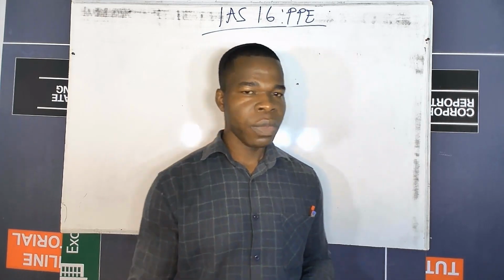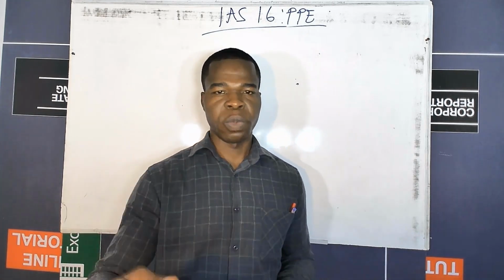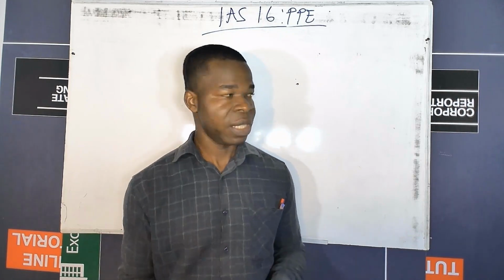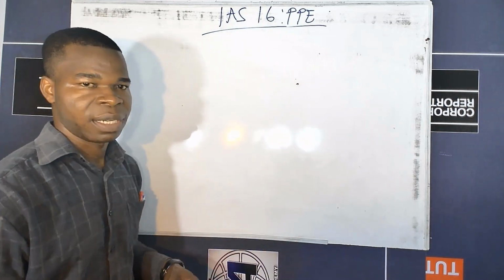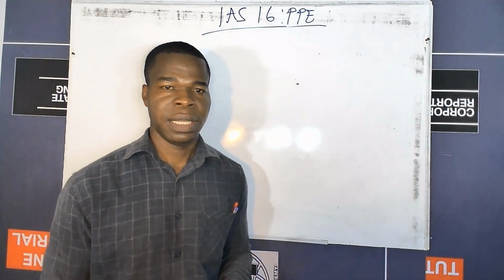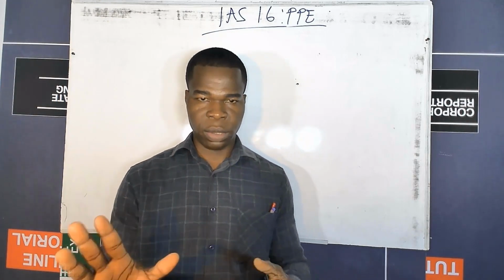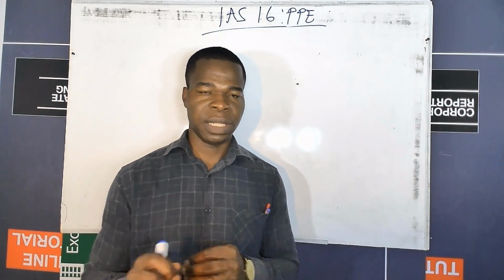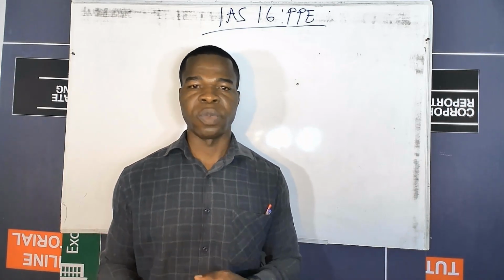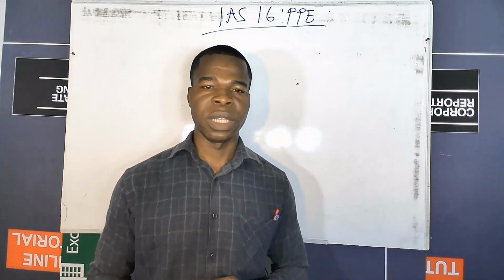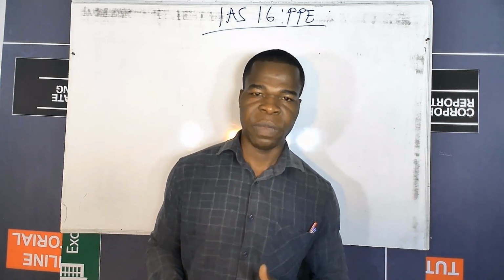So we will start with how an item of PPE is supposed to be subsequently measured. According to IAS 16, an entity is supposed to choose from two available models in subsequently measuring an item of PPE.